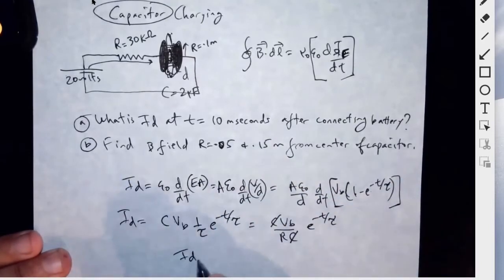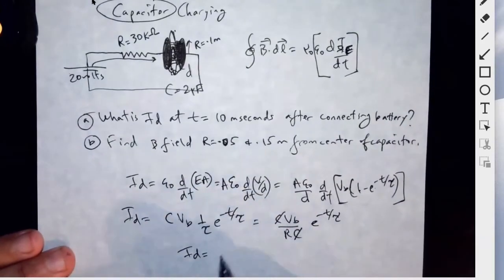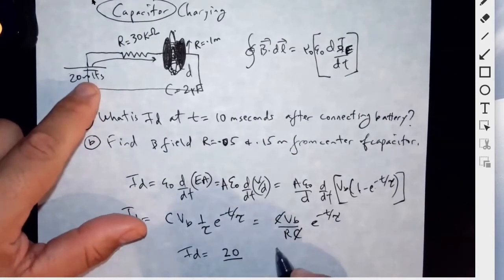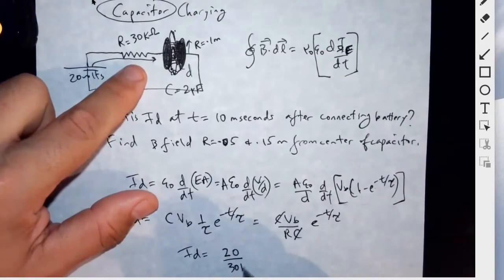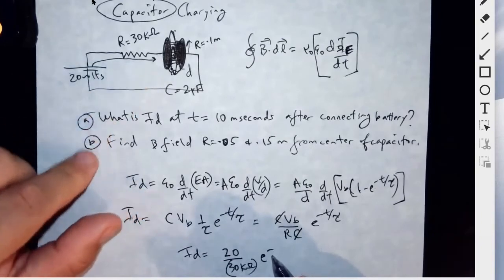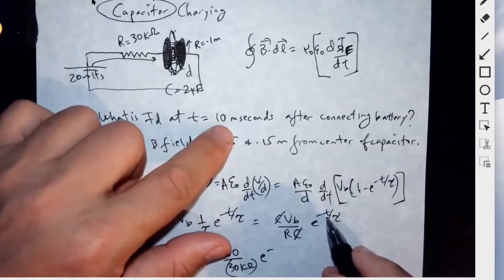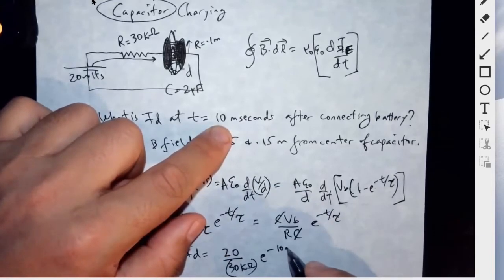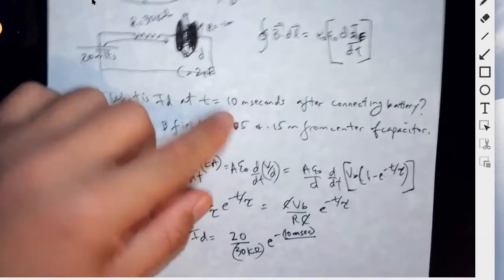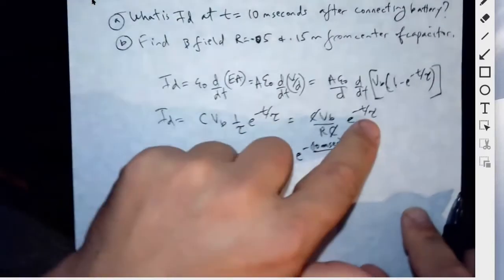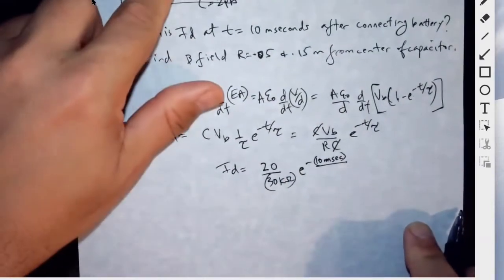And now I could calculate the displacement current: the voltage of the battery, 20 volts over R, which is 30 kilo ohms. And then e to the minus t over tau, where t is going to be 10 milliseconds. And tau is going to be the product of R and C, right?